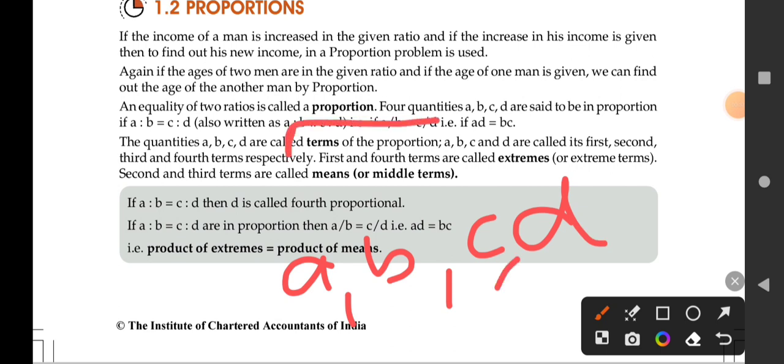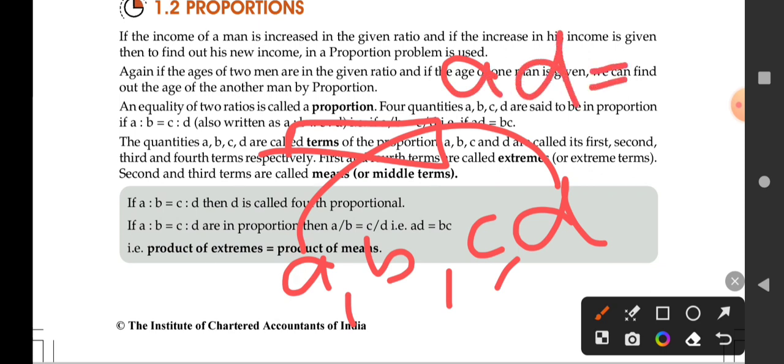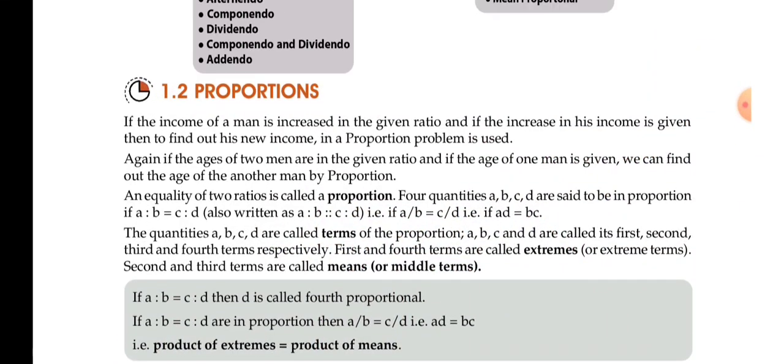They are terms of proportion. What properties do they have? A into D is equal to B into C. That is, product of extremes is equal to product of means.